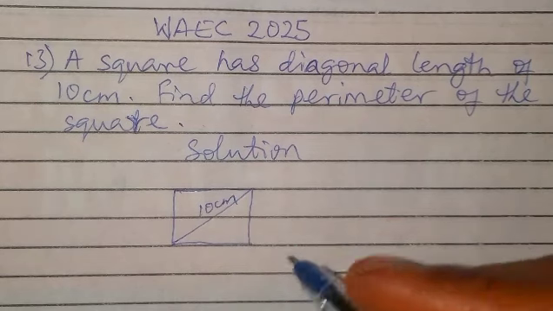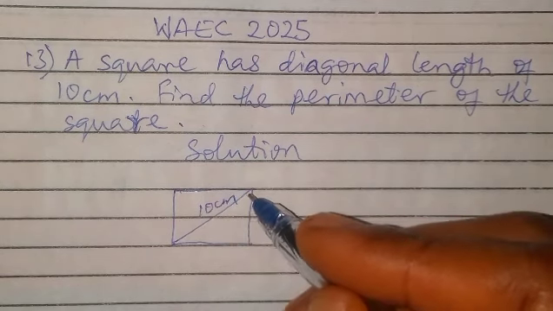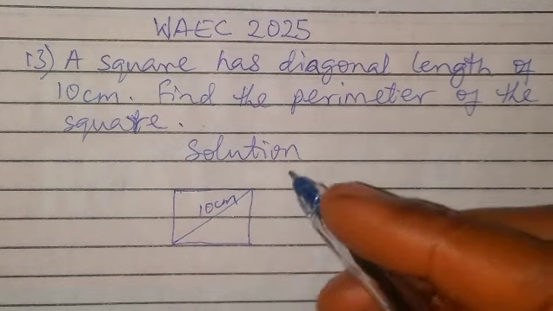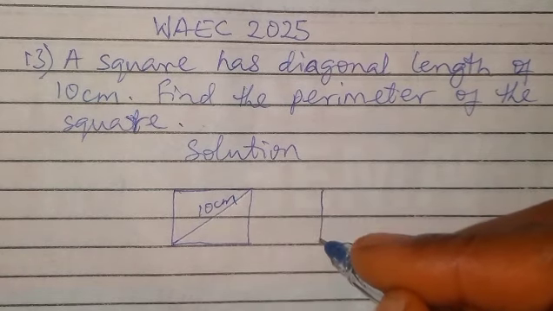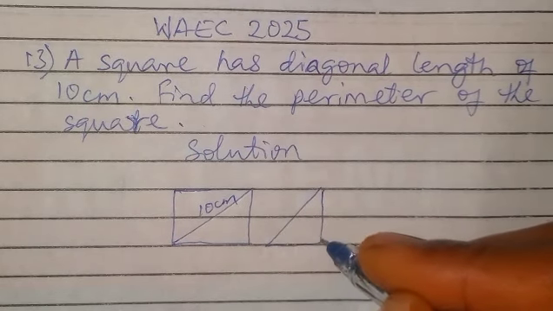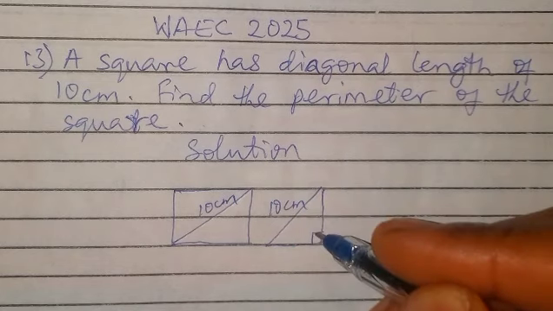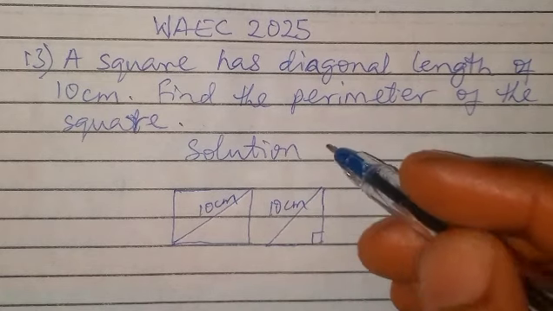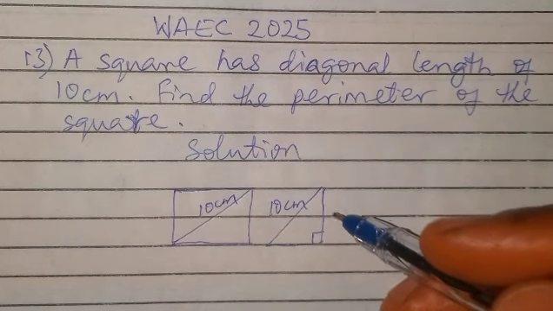centimeters. So we can bring out this part of the square which forms a right angle triangle. So here is 10 centimeters. For us to get the perimeter of the square, we'll multiply one of the sides by 4.